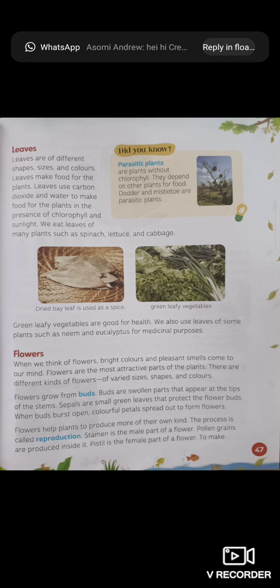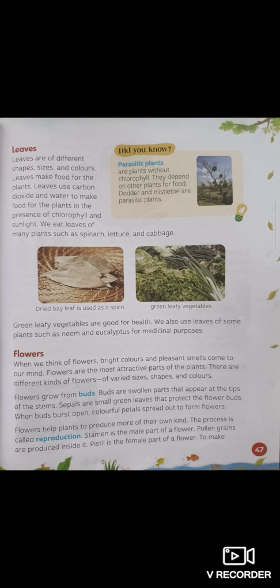We use the leaves of some plants such as neem and eucalyptus for medicinal purposes, right? So the leaves, they come in different shapes and sizes and colors, and they make the food for the plants, right?